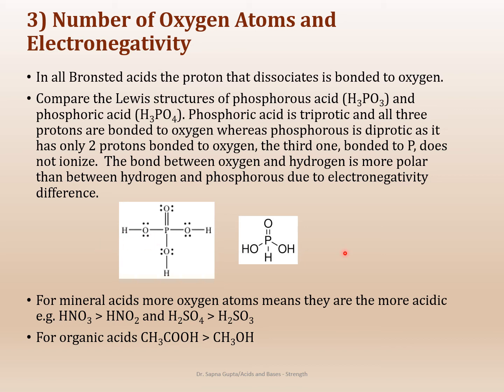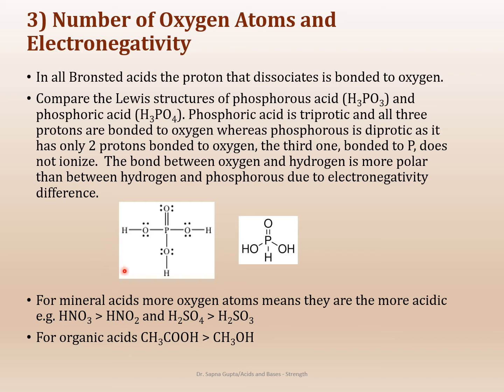So here are two examples, one phosphoric acid and one phosphorus acid. Both of them are almost the same, except one has 3 oxygens, one has 4 oxygens. Phosphoric acid, H3PO4, is a stronger acid, and phosphorus acid is a weaker acid. Phosphoric acid is a triprotic acid, whereas phosphorus acid, even though it has 3 hydrogens, is a diprotic acid.